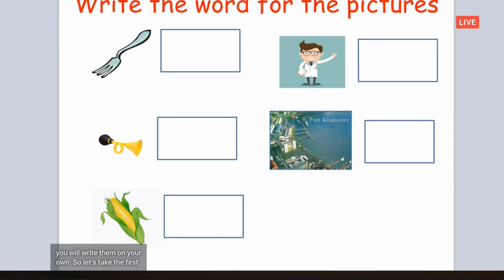The first word says, yes, fork. Now, this time you can hold up a finger for each sound so that you will be able to match the letters that go with the sounds. So let's go. Fork, f, or, k. All right, think of the letters that go with that and write the word fork.